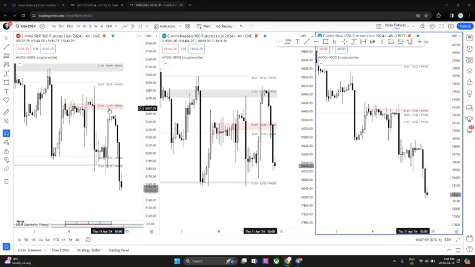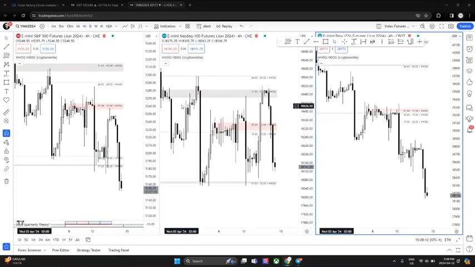This is the reason, plus the sequential SMT, right? Currently, you shouldn't be trying to trade right now or do anything.